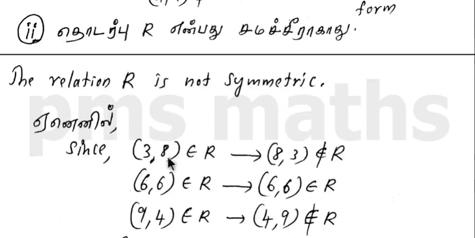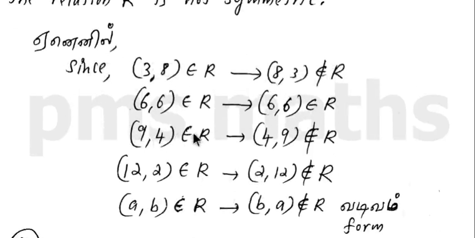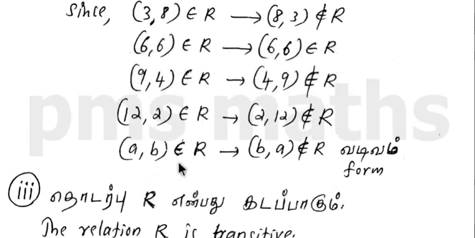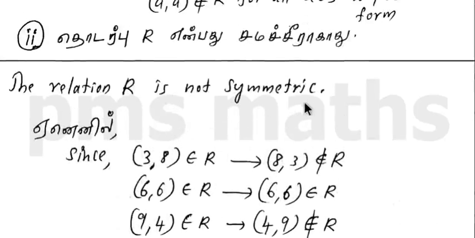Here, the first element (3, 8) belongs to R, but (8, 3) does not belong to R. Then the second element (6, 6) belongs to R. Okay, but (9, 4) belongs to R gives (4, 9) does not belong to R. (12, 2) belongs to R, but (2, 12) does not belong to R. That means (a, b) belongs to R gives (b, a) does not belong to R. What is the condition for a symmetric relation? (a, b) belongs to R gives (b, a) belongs to R. But here it does not belong to R. Therefore, the given relation is not symmetric.